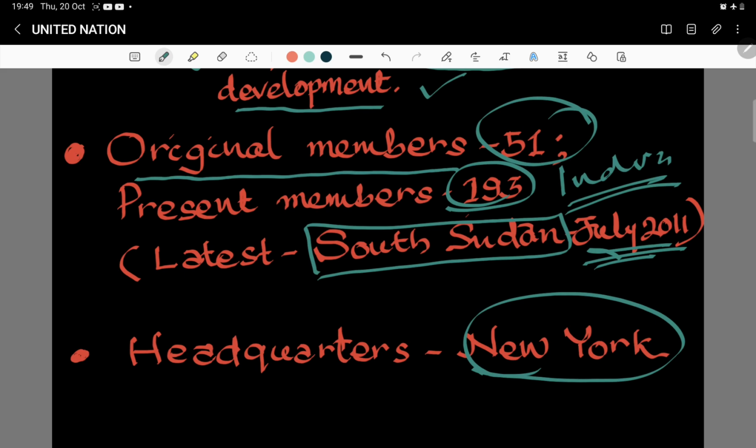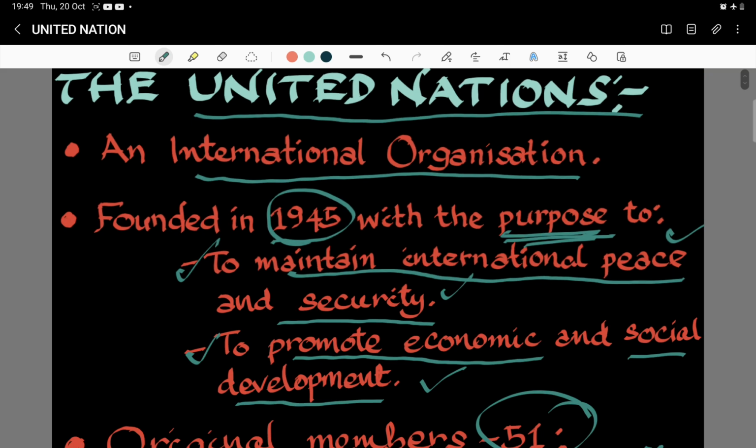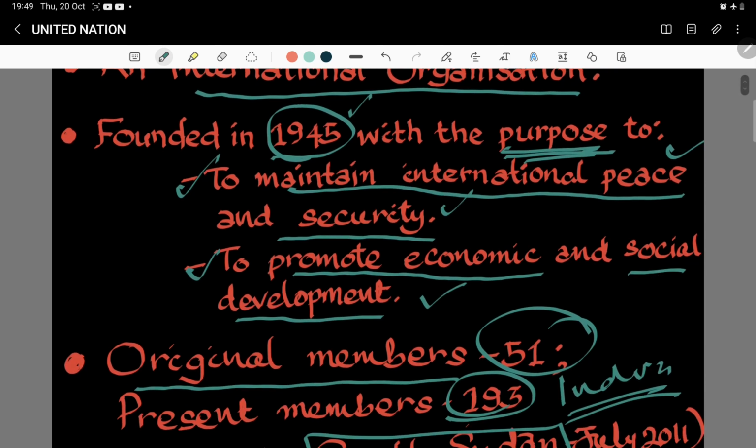Okay, it's the overview of the United Nations. It is an international organization, established in 1945 with two basic objectives: the first is to maintain international peace and security, and the second is to promote economic and social development among the member states.